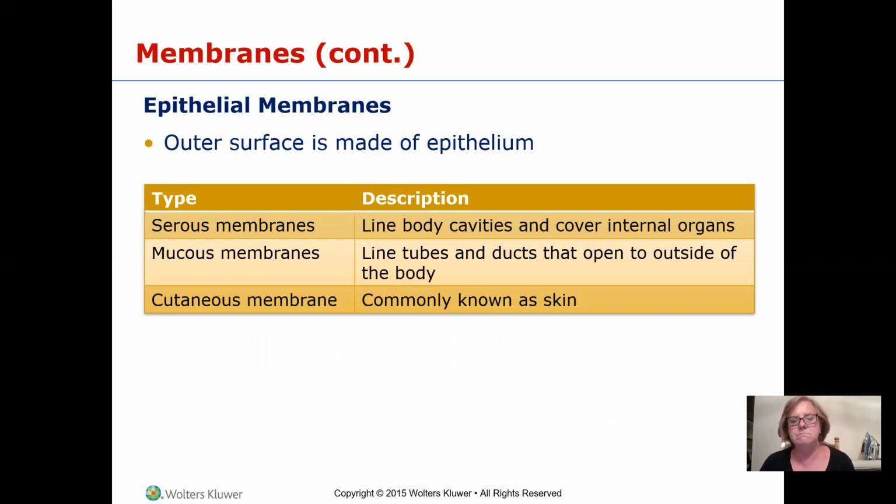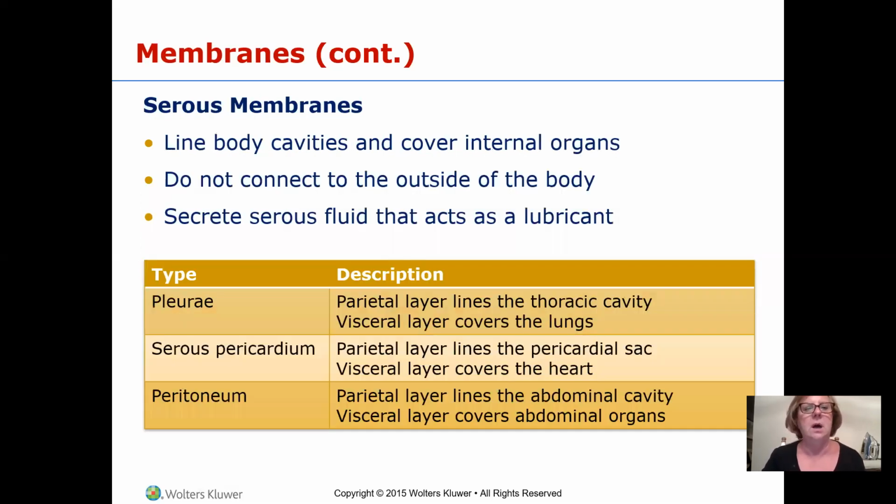The cutaneous membrane is just your skin. The serous membrane is going to line all of your body cavities and cover all of your internal organs, like each organ gets covered by a serous membrane. And then the mucous membranes are those things that you can envision that have some mucus being produced. So they line tubes and ducts to the outside of the body.